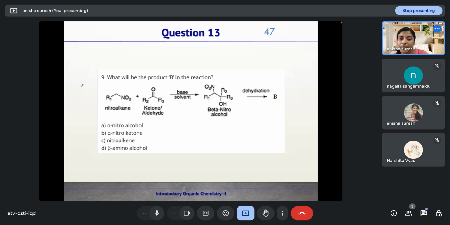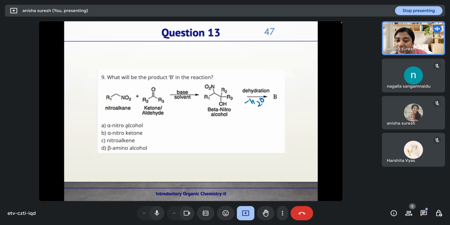Okay. So here, what will be the product B in the reaction? A nitroalkane in the presence of a base reacts with an aldehyde or ketone, leading to formation of this beta nitroalcohol, and it will undergo a dehydration reaction, that is removal of water, leading to formation of B. What will be the product that is formed here?